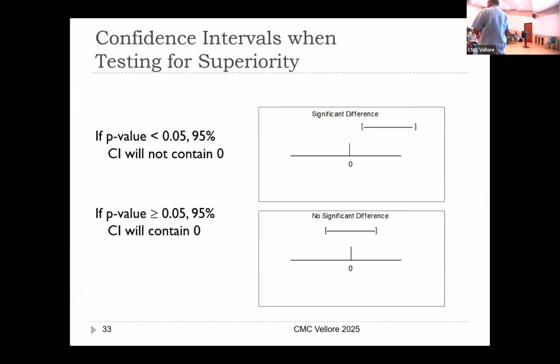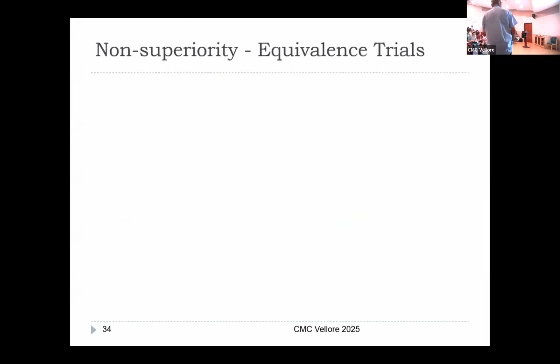Superiority is the most common and standard way to do things. But sometimes we're not necessarily interested in showing superiority. We want to show this is a new formulation. There is a standard of care for it. I am developing a new formulation, and mine is equivalent to what's already standard of care.